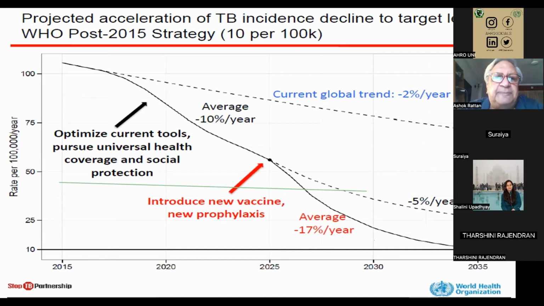And for that to happen, the decrease from 2015 has to be 17% every year, so that by 2035, it would become less than 10 per 100,000. Not completely eradicated, but no longer a public health problem.